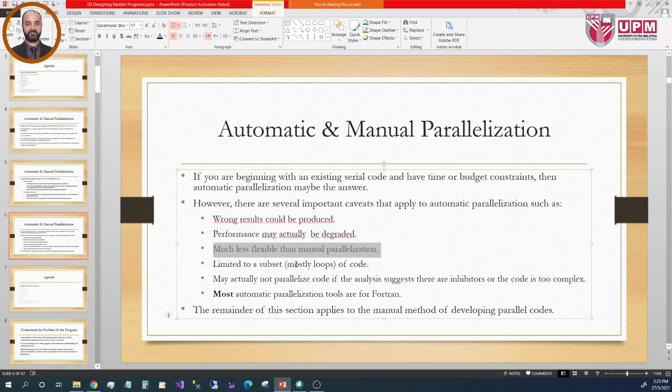So we know how it will work, and whether it is the wrong way or the correct way. We know the hotspots of the program, where the bottlenecks are, and what parts need to be parallelized. But in automatic, we don't know. The compiler will do everything on our behalf.